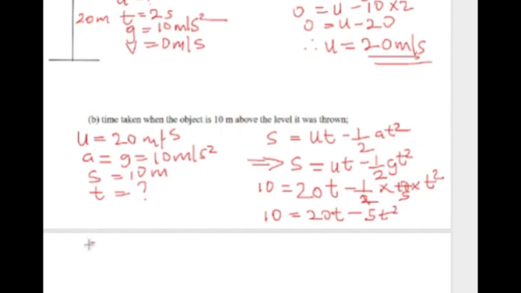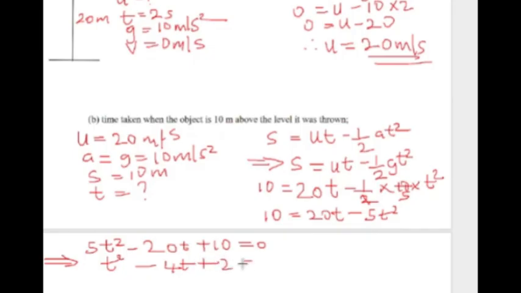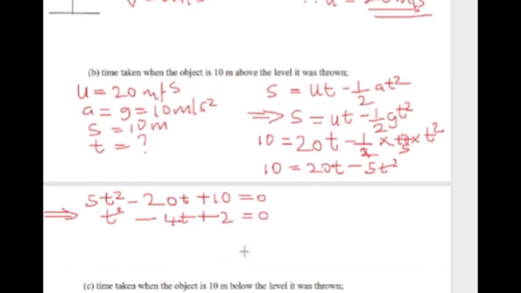We rearrange it, it becomes 5t squared minus 20t plus 10 = 0. We divide through by 5 to get smaller values. So it gives us t squared minus 4t (20 divided by 5) plus 2 (10 divided by 5) = 0. So this is the quadratic equation.